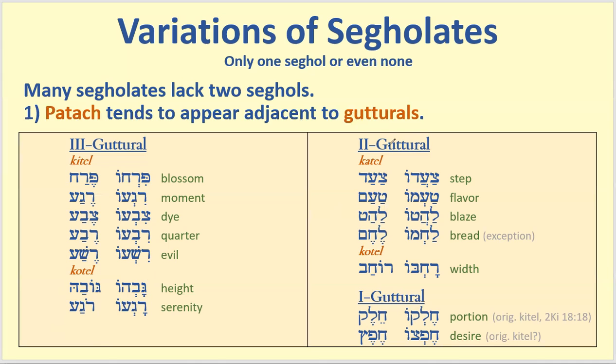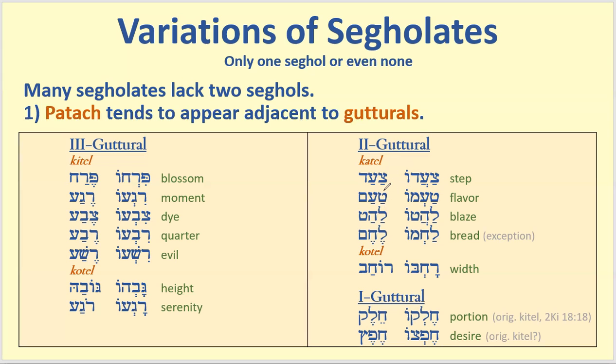If you get a guttural in the second position, you'll find that both the segols will prefer a patach most of the time. So for example, here we have tsa'ad because of the ayin in the middle, and then its suffixed form, tsa'ado. It's a qatel form, so patach is preserved in the suffixed form. Tsa'ado.